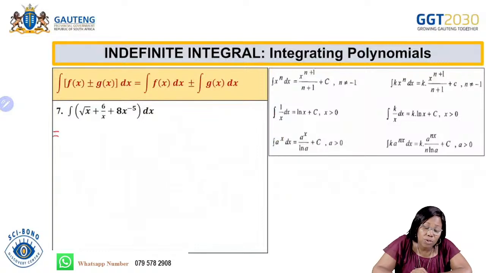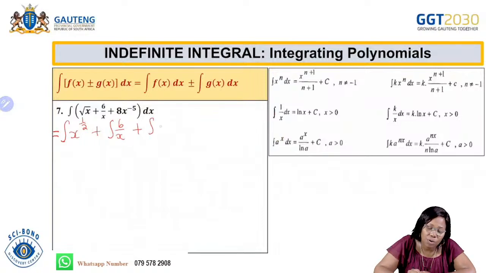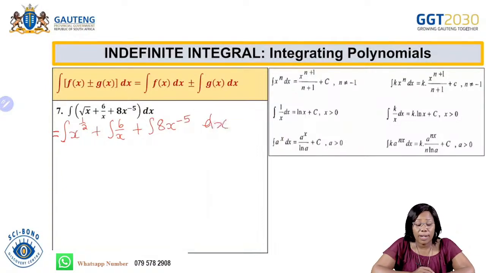So since we are going to deal with that now, we are still going to note our integral sign, and then we are integrating the square root of x, which is x to the power half, plus you can separate them and integrate one by one. Separately, integration of 6 over x plus the integration of 8x to the power minus 5, and then we are integrating with respect to x there, right?